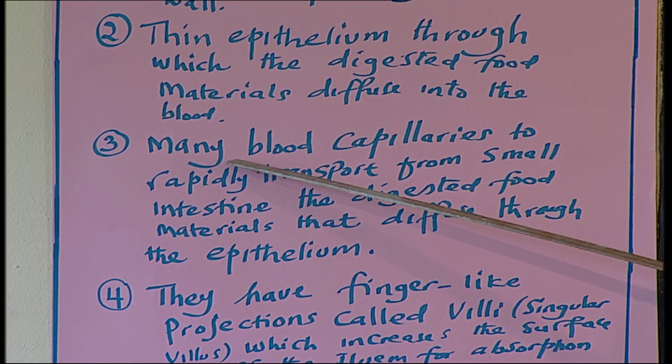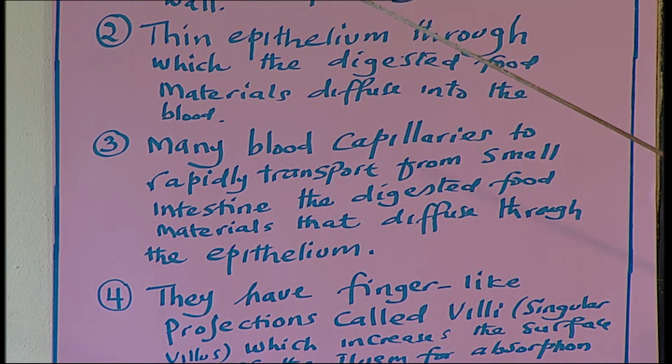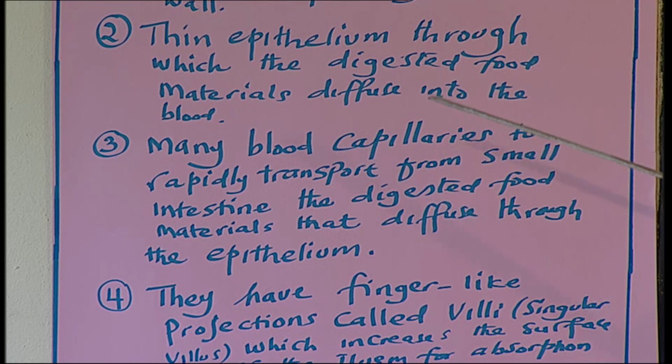Number three, it has very many blood capillaries, or a dense network of blood capillaries. As there is a network of blood capillaries, that facilitates rapid transport from the small intestine of the digested food materials that diffuse through the epithelium.